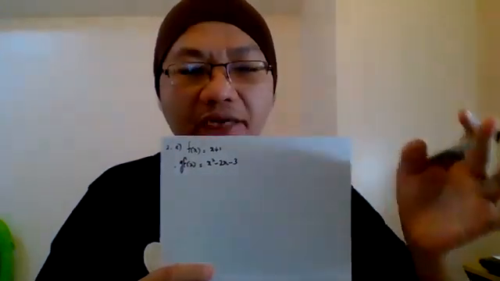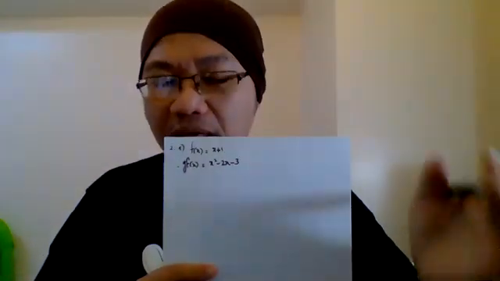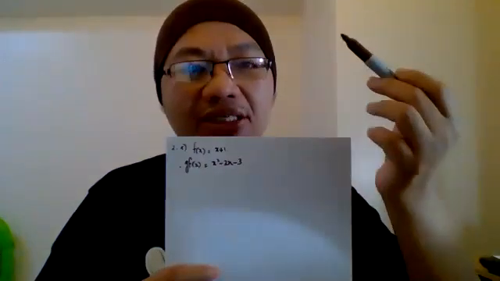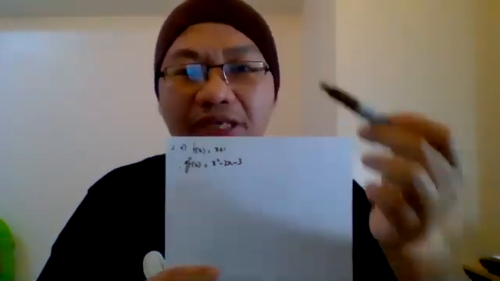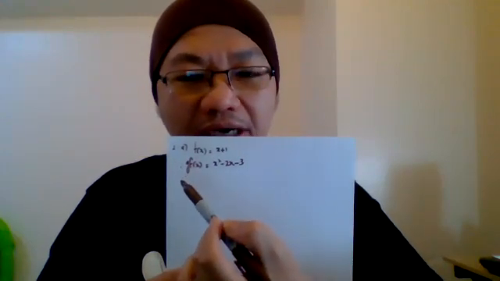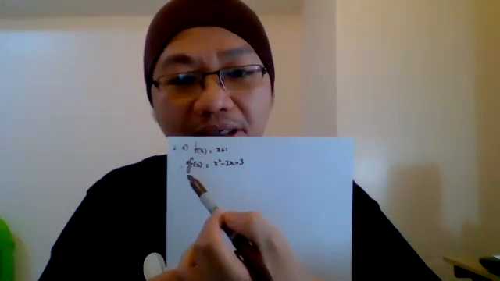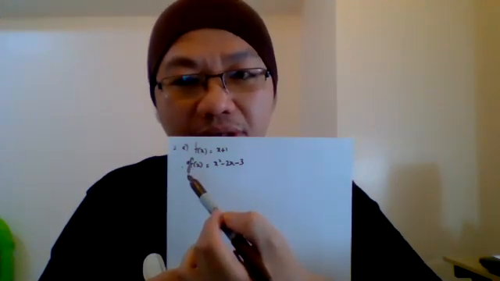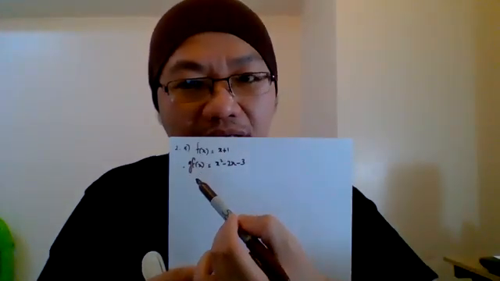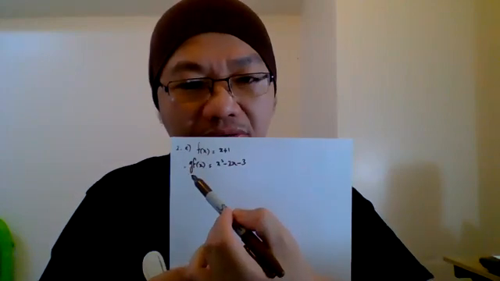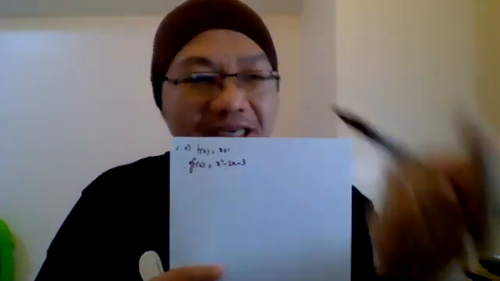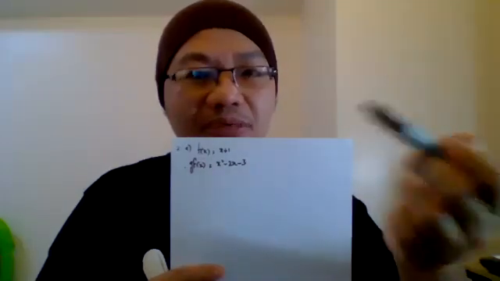If you look at the first question A and B, you can see the difference with the second question. The difference is the location of the letter g that we want to determine. In the second question, the position of g is in front of the composite function, not at the back. In the first question, g is located at the back, but in the second question, g is now the front function. That's the difference. When it is different, that means the method to solve the problem is also different.